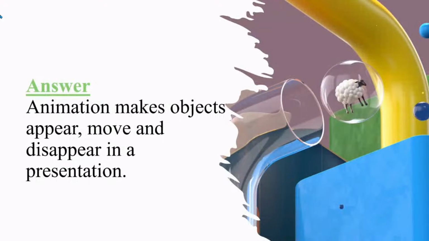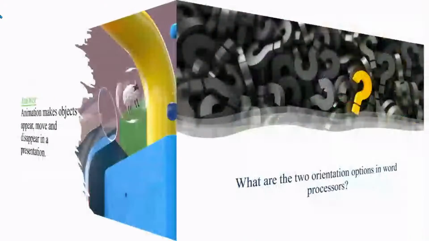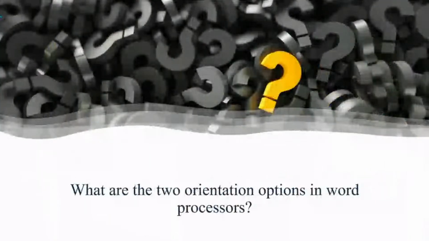So moving right along into our next question. What are the two orientation options in word processors? How can our pages appear when we're doing up a document?